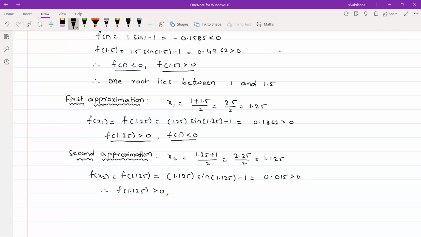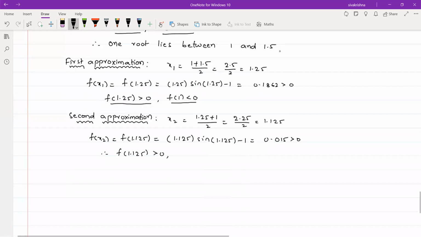To calculate the next approximation we require two numbers of opposite signs. Here we have f of 1.125, positive, so from the above step we carry the negative value, since f of 1 is less than 0. I am underlining the two terms which have opposite signs. Now I am going to calculate the next approximation, that is the third approximation.